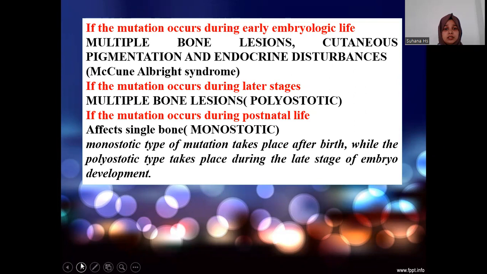If the mutation occurs during a later stage, only the bone will be affected. That is your multiple bone lesions or polyostotic fibrous dysplasia. If the mutation occurs during postnatal life, only a single bone is affected. Monostotic type mutation takes place after birth, while the polyostotic type takes place during the late stage of development of the embryo.